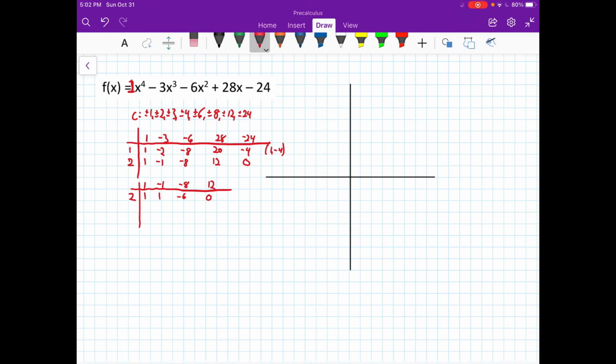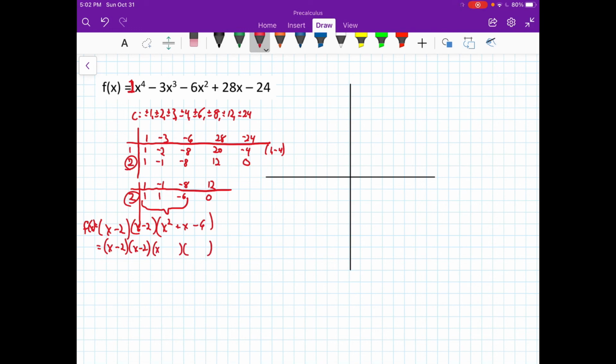And so now we are down to just x squared plus x minus 6. Also note, we have 2 worked, so this is x minus 2, and this 2 worked. So we have 2 factors of x minus 2 so far. This is f of x.